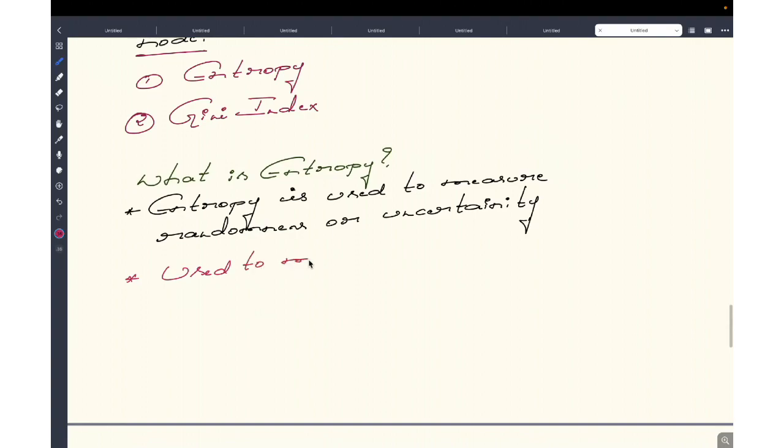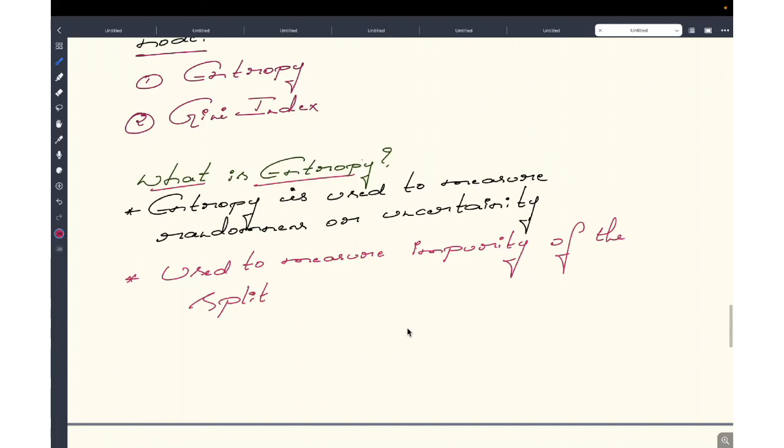Entropy is used to measure the randomness or uncertainty in our data, or in other words, the impurity of data.